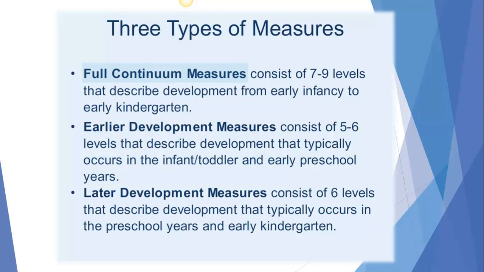Now, does that mean that if you're rating a 4-year-old, they'll never be down here? No. This is what makes it a universal design in a full continuum. You might have a 4-year-old that is down here in these early developing continuums. Okay, early developing milestones.